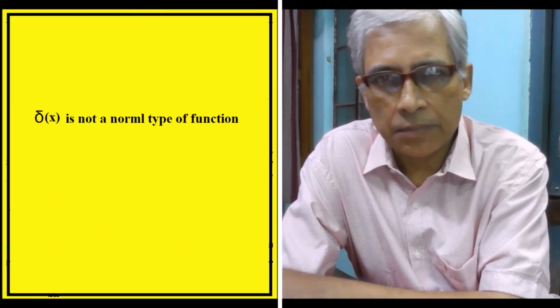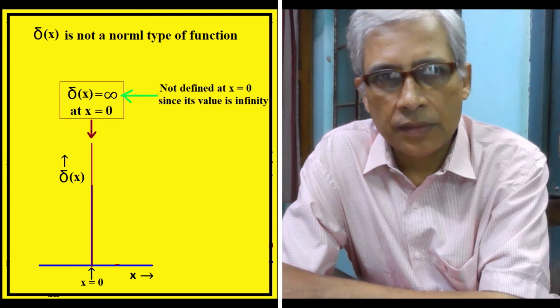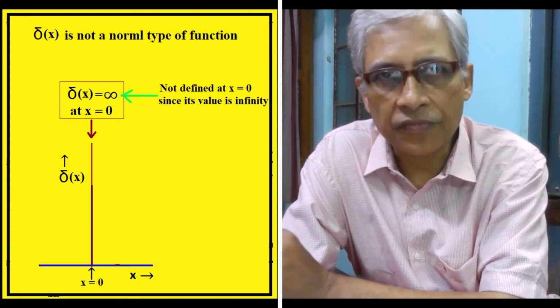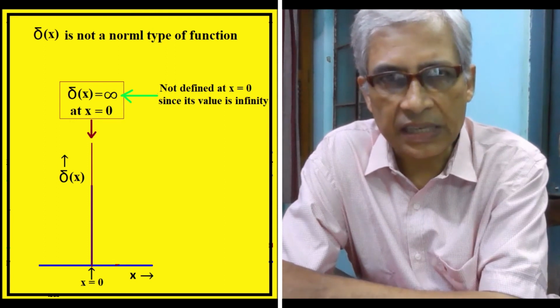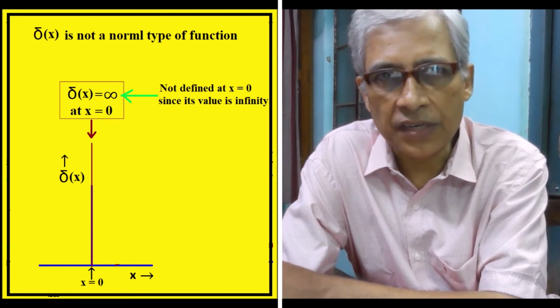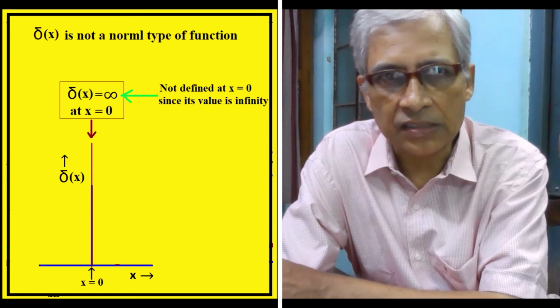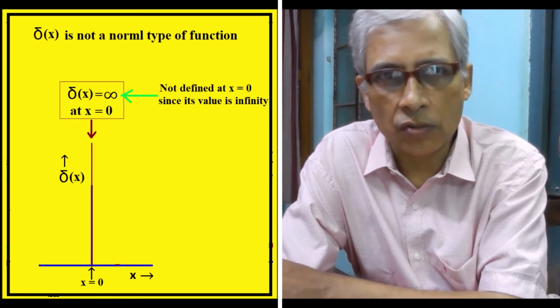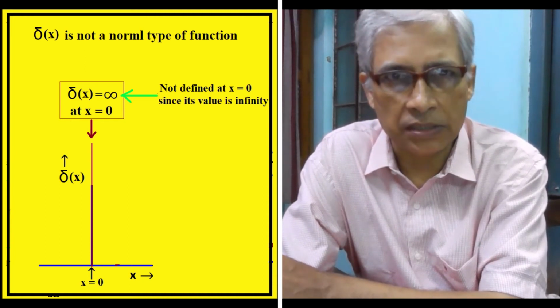Dirac delta has a peculiar property. It is not properly defined at x equal to 0 because we say that its value is infinity, and infinity is as large as we please. It depends on the large value that we choose at our pleasure.